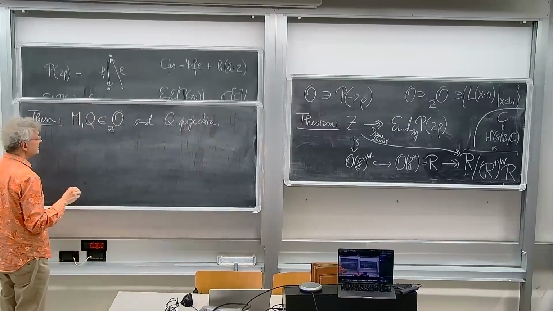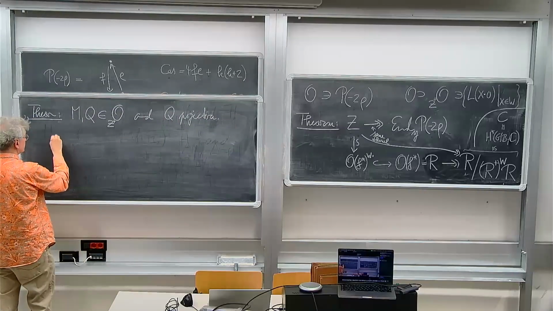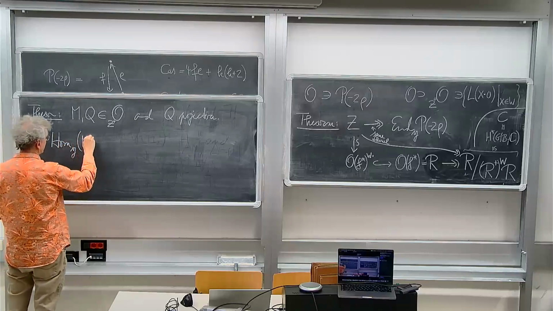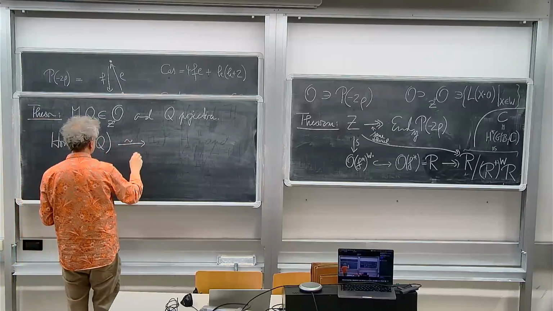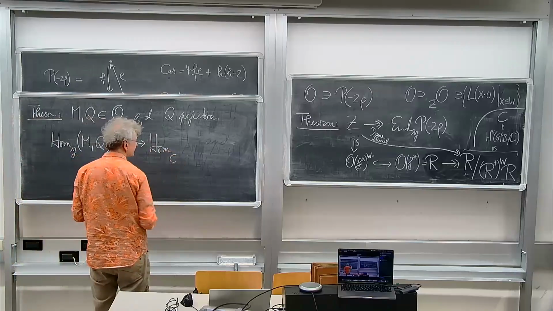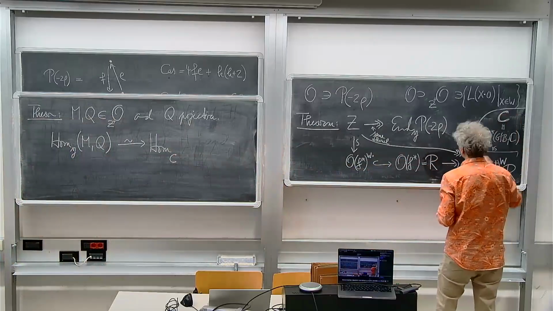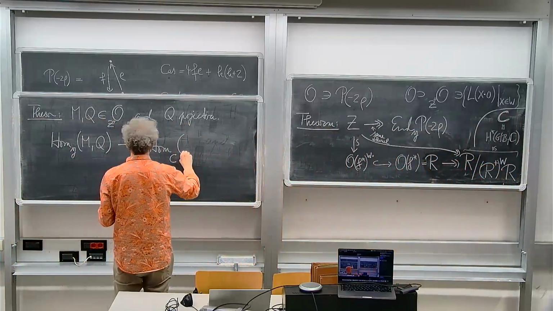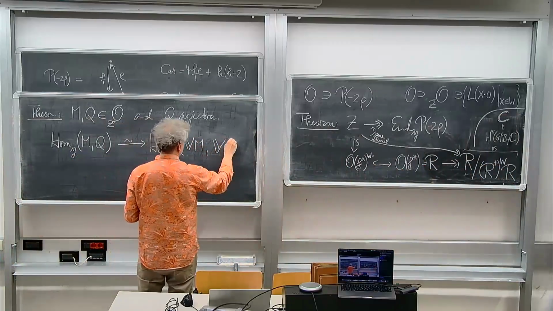Then we get an isomorphism between homomorphisms in the block from M to Q and therefore isomorphically to homomorphisms over this ring C of V(M) to V(Q).